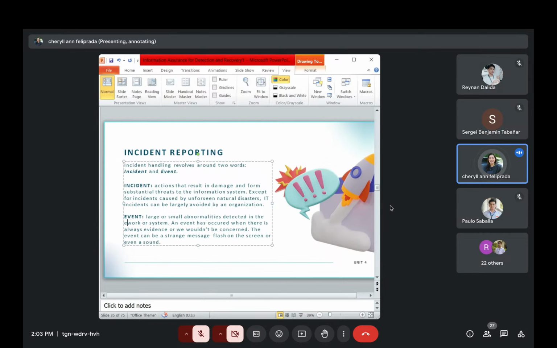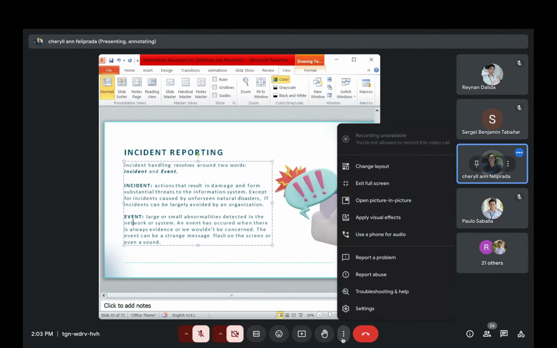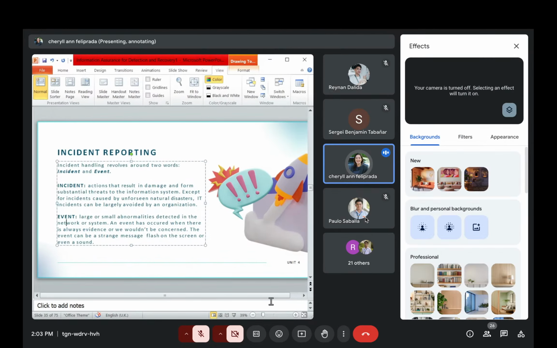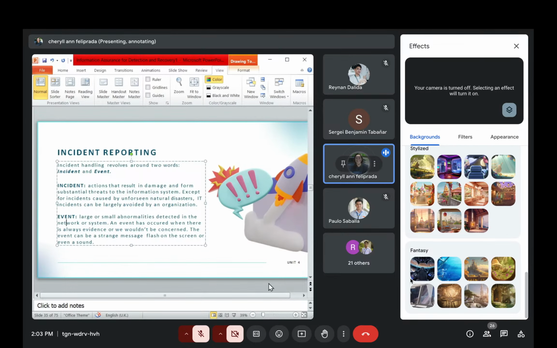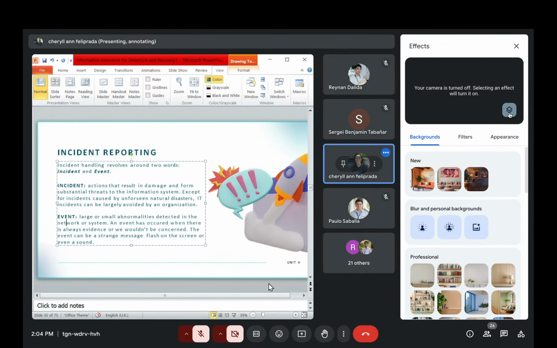We could detect either attackers or intrusions that would enter the network and affect the whole IT industry. It will be your responsibility as future IT engineers or network administrators. So it is very important to know incident reporting and incident handling.